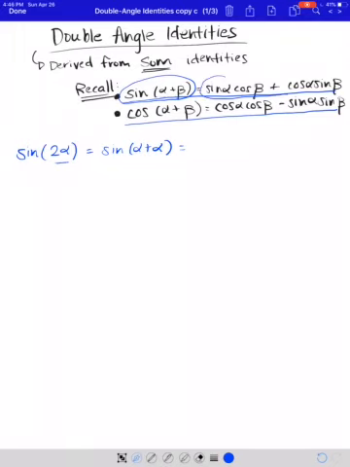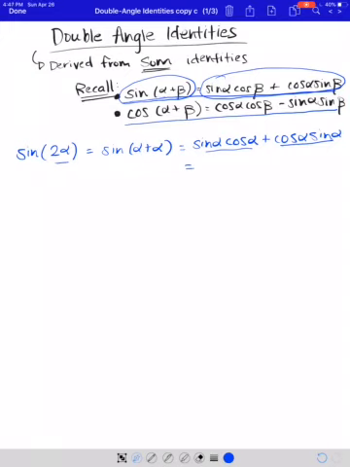So when I plug into the right-hand side of my identity, what we'll have is sine alpha cosine alpha plus cosine alpha sine alpha. And now notice these two terms are identical. The order is switched, sine alpha and cosine alpha, but since we're multiplying, the order doesn't matter.